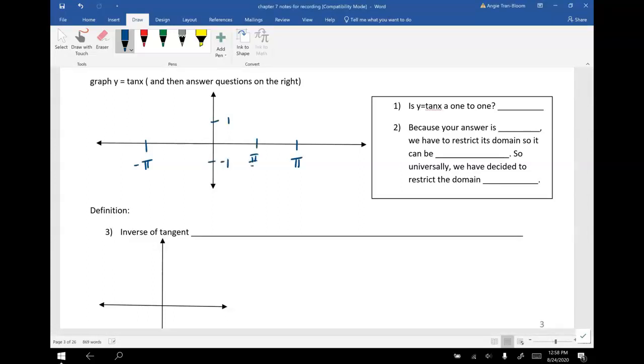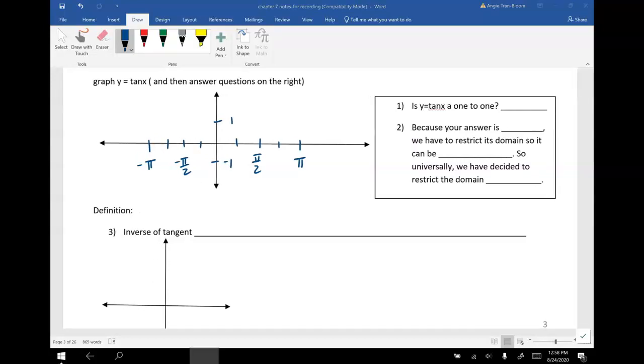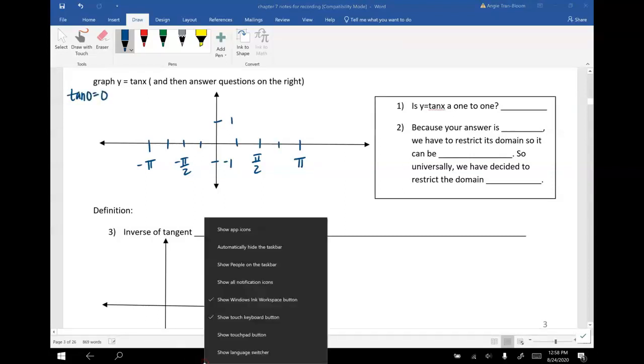Half of pi will be pi over 2. And then pi over 4 is how much each tick mark on the x-axis is worth. Now, if you don't remember anything about tangent, because tangent is usually a little bit more difficult than sine and cosine, go back and review.